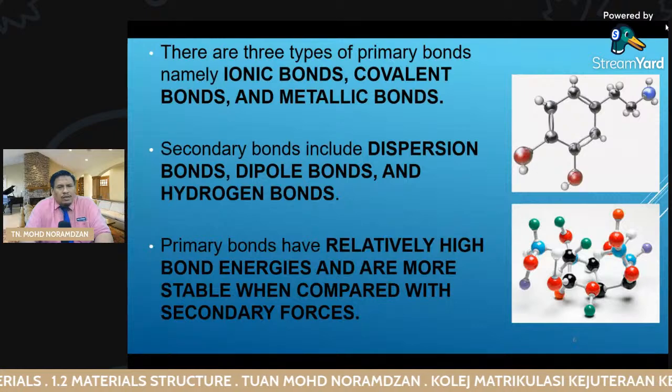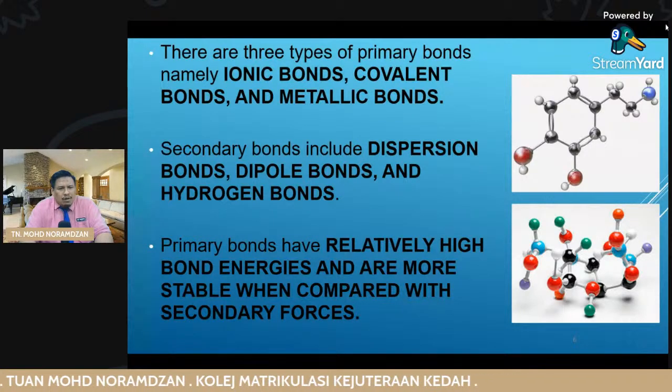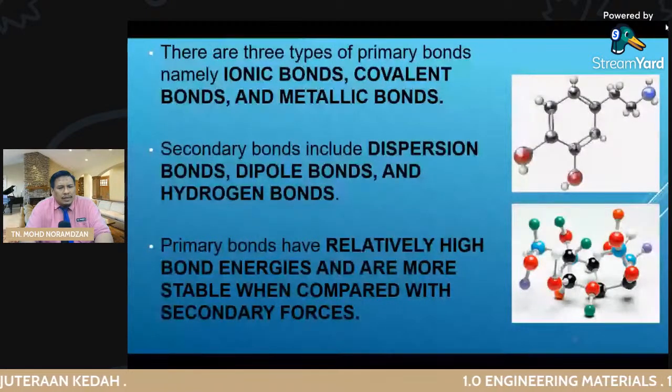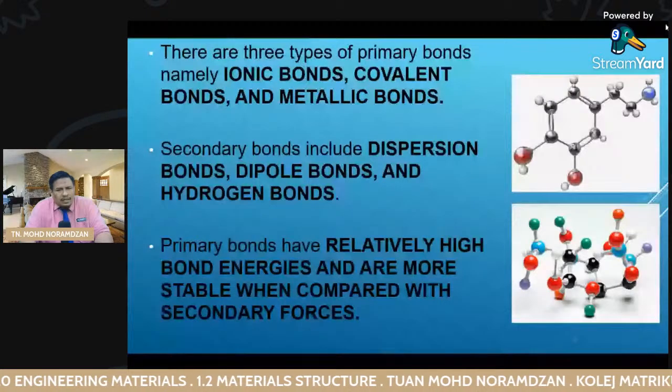Secondary bonds: dispersion bond, dipole bond and hydrogen bond. Primary bond has relatively high bond energy and is more stable when compared to the secondary forces. So you must know the difference between primary and secondary bond.